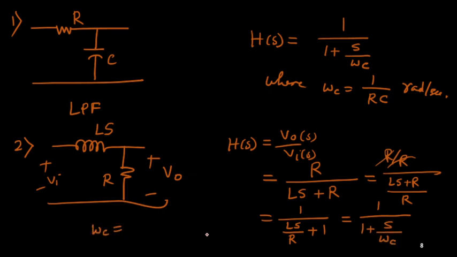In this case omega C is R over L, or we can write 1 over time constant tau, where tau is L by R, in seconds. For an LR circuit, the time constant is L by R. In the RC circuit the time constant is C into R. Here the time constant is L by R. Here R is multiplied with C, here R is divided from L. That is the simple difference.